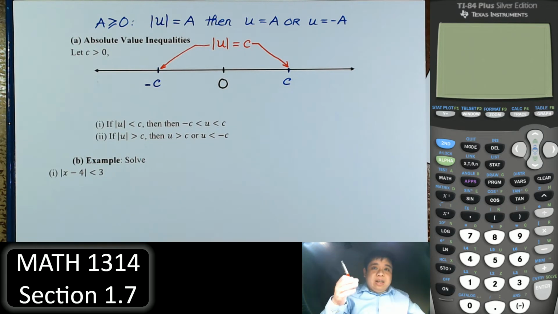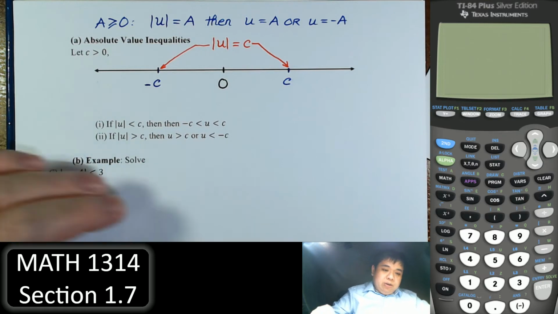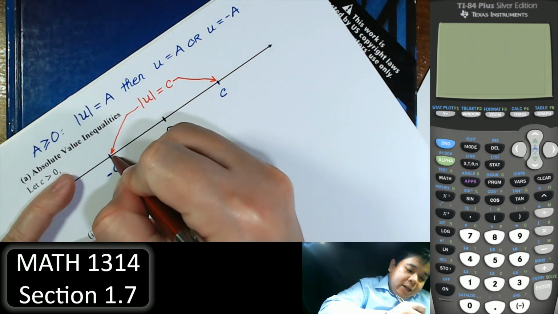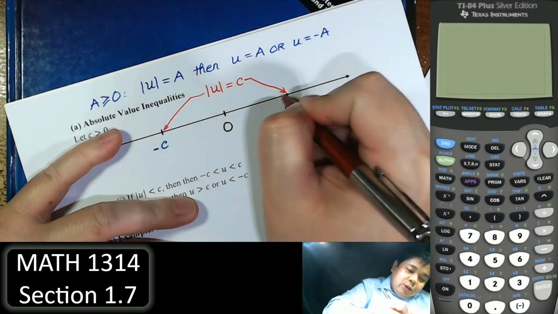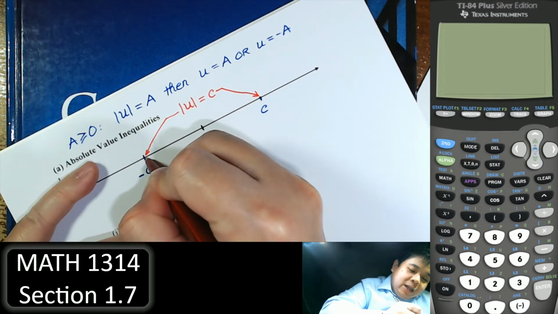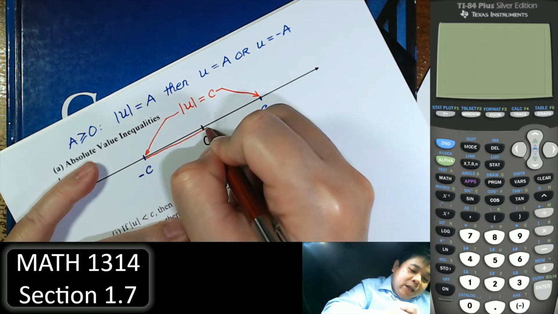Remember, absolute value is the distance to 0. So if it's less than some number, that means the distance to 0 has to be less than. So when it's equal to, it will be the 2 points, but when it's less than, it will be in the middle.